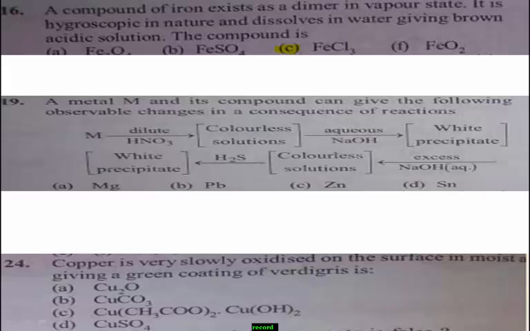Zinc nitrate reacts with sodium hydroxide to form sodium nitrate and a white precipitate of zinc hydroxide. Observe the question carefully. If you write the reaction, 2NaOH plus Zn(NO3)2 gives 2NaNO3 plus Zn(OH)2, zinc hydroxide.